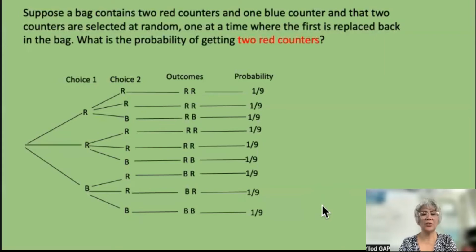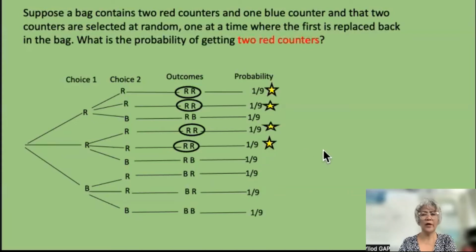All right. So we're looking at getting two red counters. So that's one red and red. So you have that probability. Another one there, 1 over 9. Another one, 1 over 9. Red and red, and 1 over 9. Okay. So to get the probability, we have all of these 1 over 9, 4 of them.